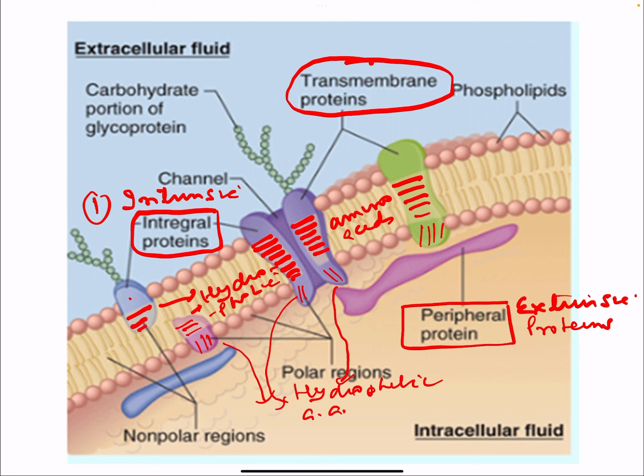This arrangement is very similar to the phospholipid, where the central part of the phospholipid is hydrophobic and the peripheral part of the phospholipid is hydrophilic. So in the phospholipid as well as in the protein, the central part contains the hydrophobic area and the peripheral part contains the hydrophilic area.